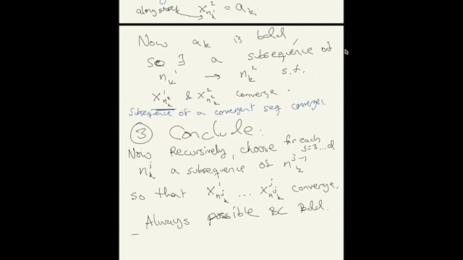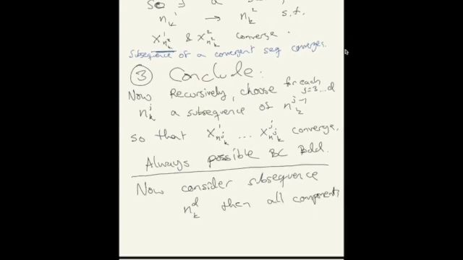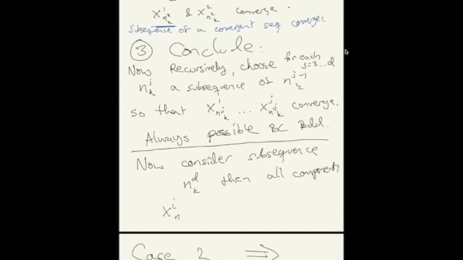I know this is rather complex, so it takes a while to absorb this idea. And I'll draw a picture of this. But we get all of these to converge. So then we look at x_d. Now consider the subsequence n_k^d. Then all components x_{n_k^d,i} converge.